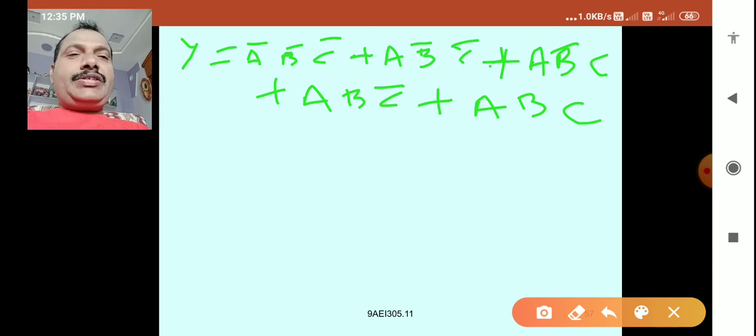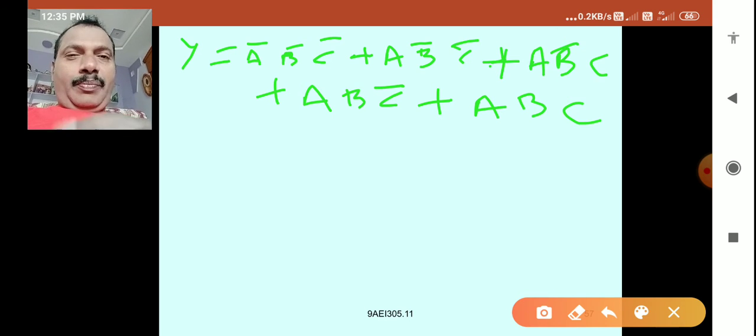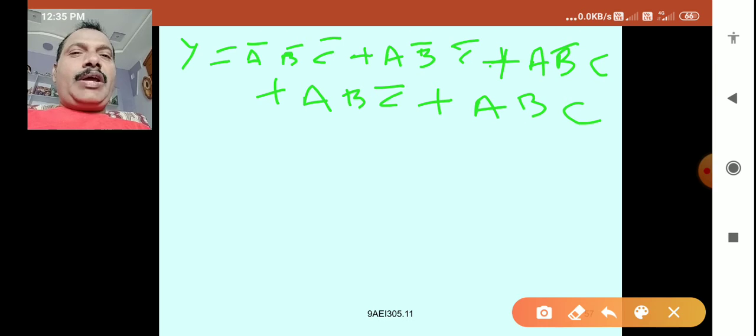Our objective is to simplify this expression using two methods. One is applying Boolean laws. Second one is using the K-map method. After simplification using two methods, let us implement this simplified version with basic gates only.